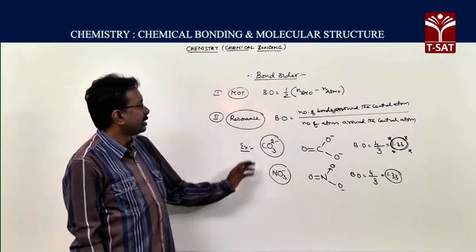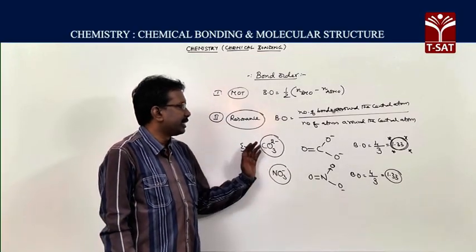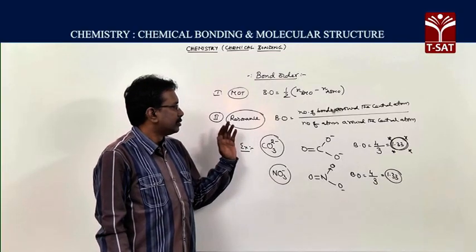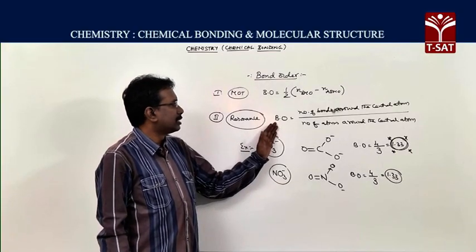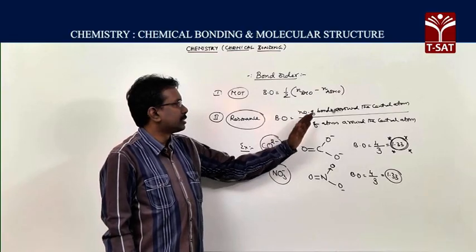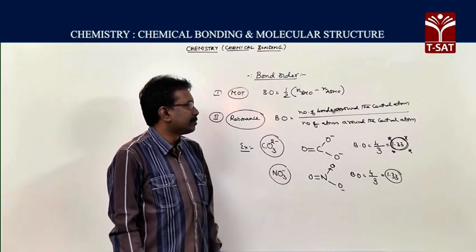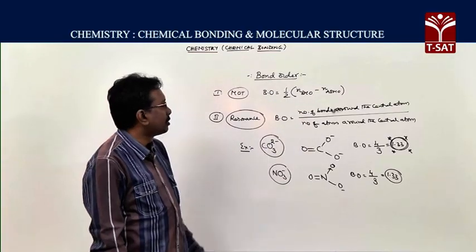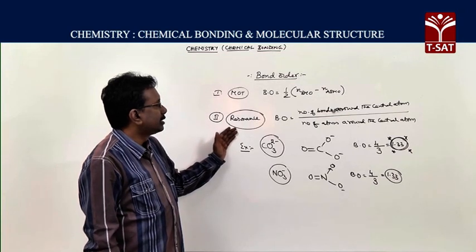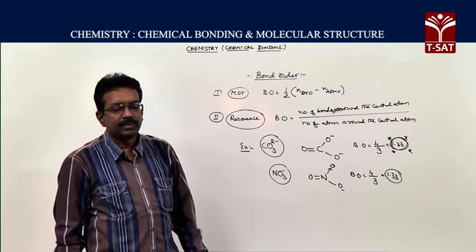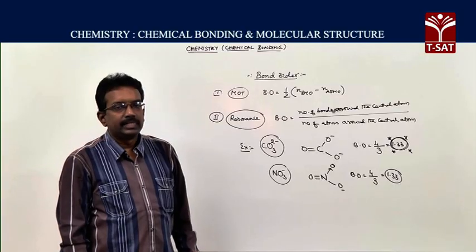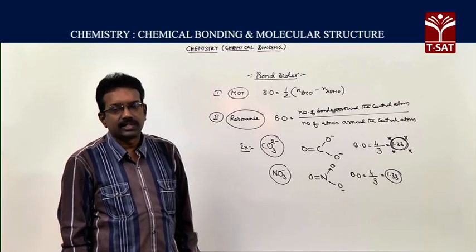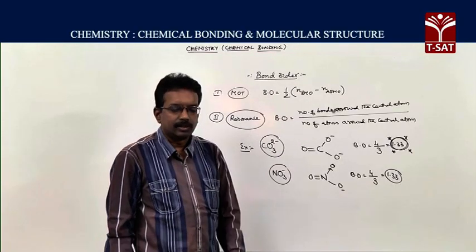So, like that, if a molecular ion has resonating structures, then for those resonating structures, bond order is equal to number of bonds around the central atom by number of atoms around the central atom. But we have one more problem, resonating cyclic structures in some cases. So, in the case of resonating cyclic structures, this formula is not suitable.